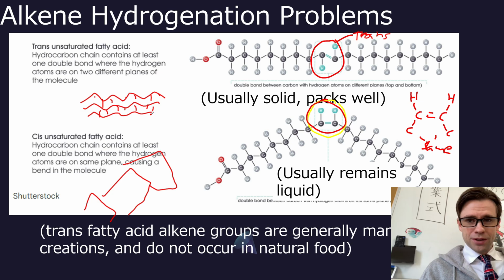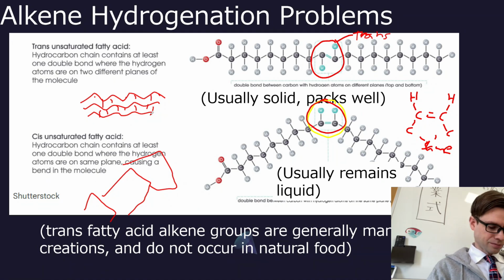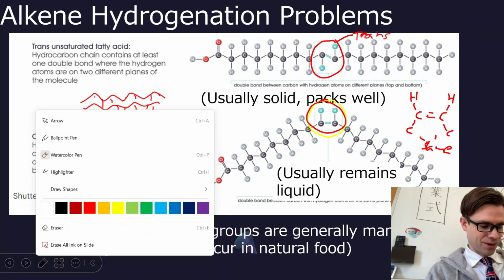So we realize how bad this is and we try to cut it out of foods and try to avoid hydrogenating in this way, I think, in recent times. If you're interested in that, go study more about it though.